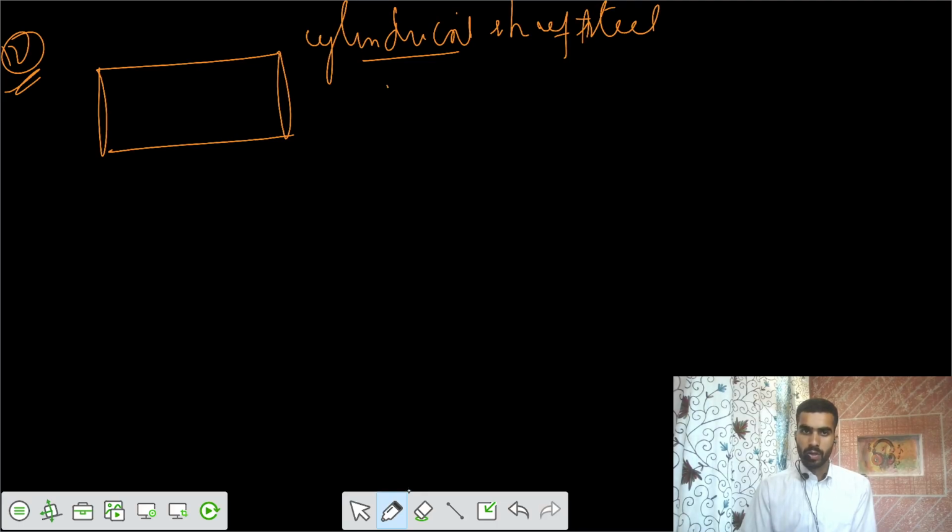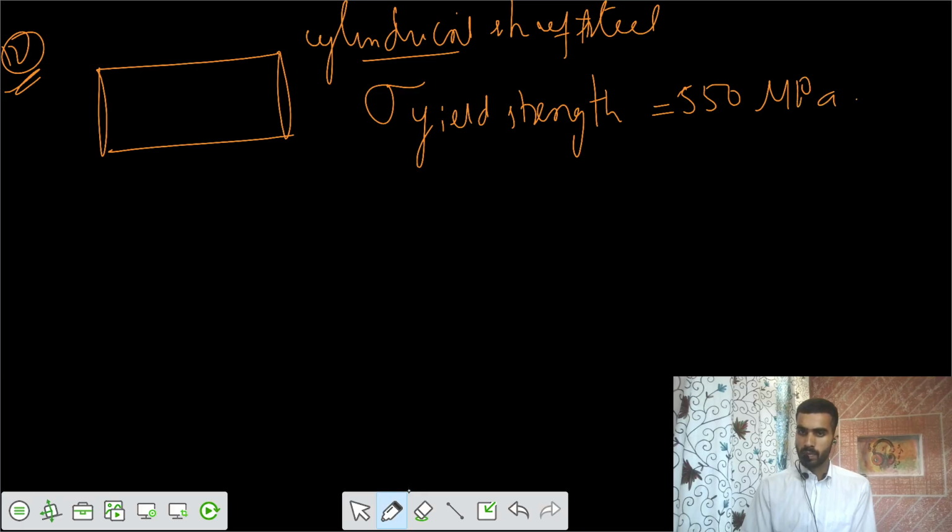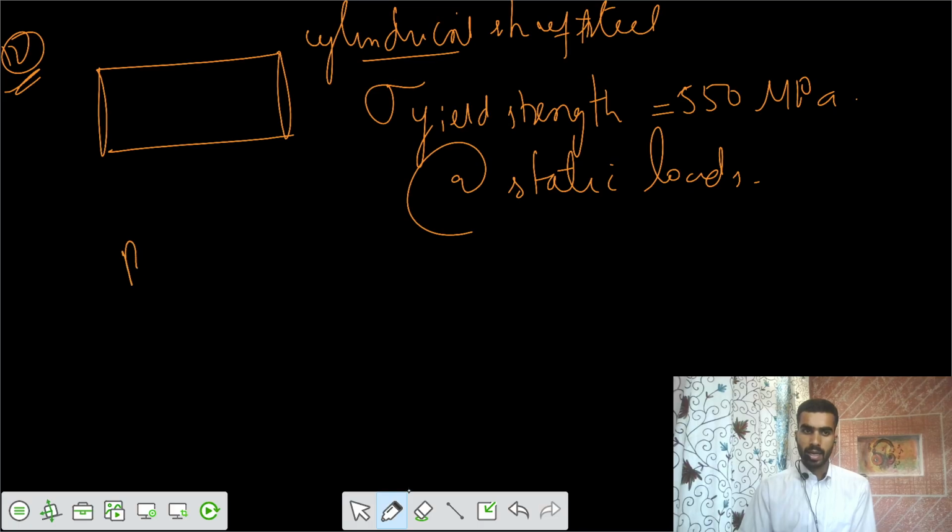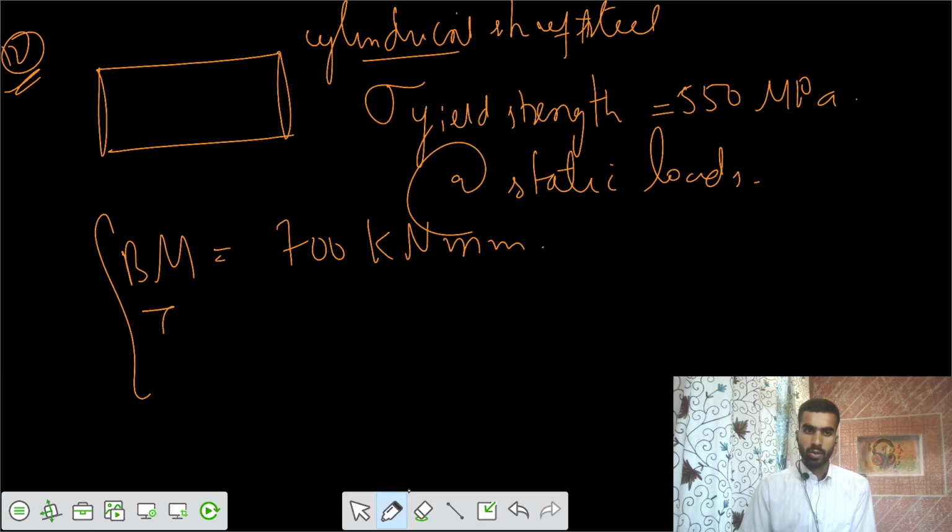The tensile yield strength of this specimen is equal to 550 megapascal, and you're applying static loads, because we are dealing with statics, such that they deliver a bending moment of 700 kilonewton millimeter and a torsional moment of 400 kilonewton millimeter.